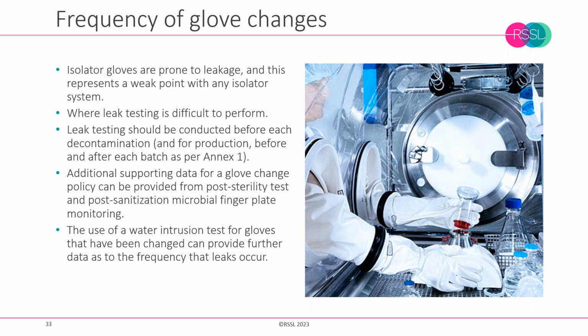How often gloves should be changed is something that is increased over time. So if it's a new isolator, we'll probably start with a relatively high change frequency, then start extending that out, looking at the data, looking at the integrity test results. And that's going to be partly based on the material. And with materials, there's always a trade-off between dexterity and degree of robustness.